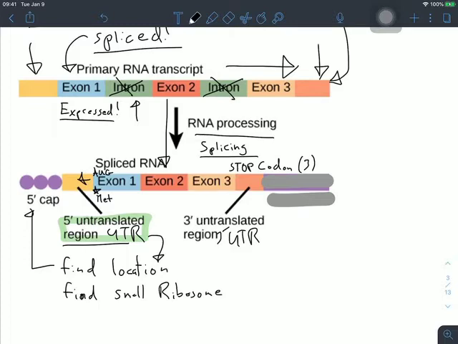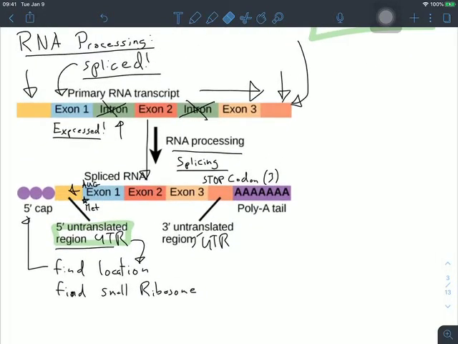And after the 3' UTR, you will literally find a poly A tail. In order for this spliced mRNA to not be immediately destroyed and shake off some of the things that might be trying to destroy it, a poly A tail, or a long sequence of A's, is added to the end of your processed mRNA.